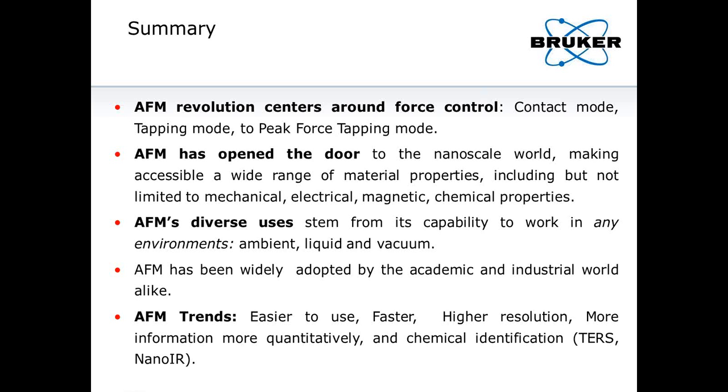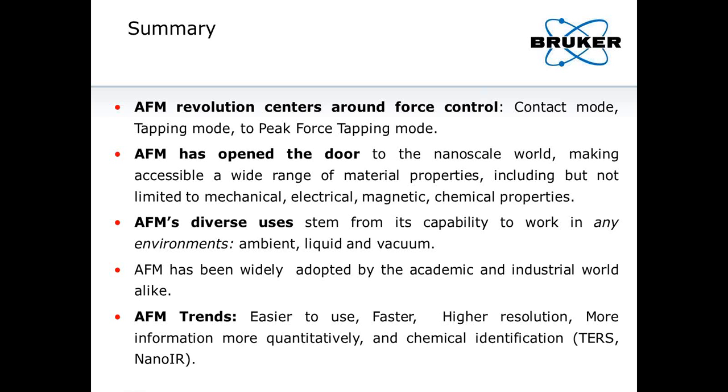More questions? Any comment on probes used for the DNA images? Well, in general, you want sharp tips, because the width is only 1 to 2 nanometers, and you want small force, so small spring constant.